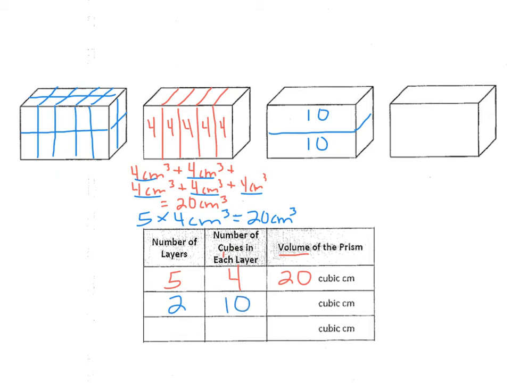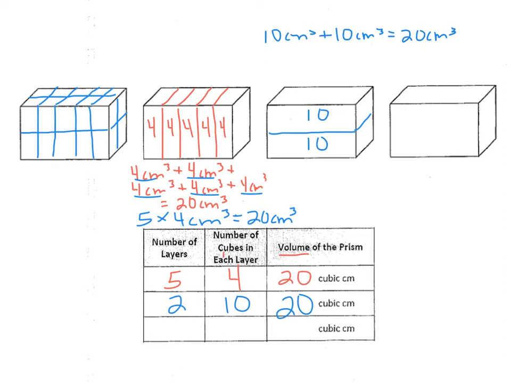Well, I can do repeated addition. This one I'm going up above because I took up too much space. So 10 cubic centimeters plus 10 cubic centimeters is equal to 20 cubic centimeters. Well, I also could do multiplication.